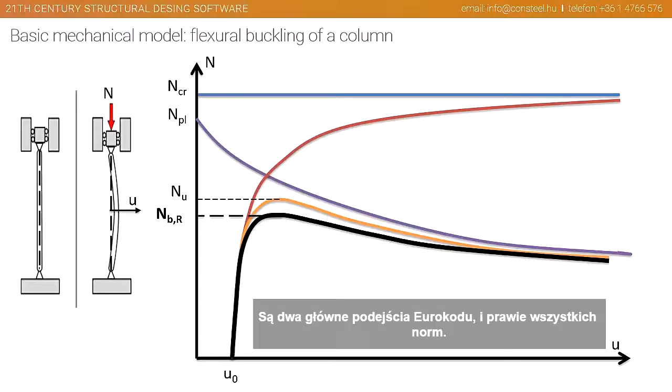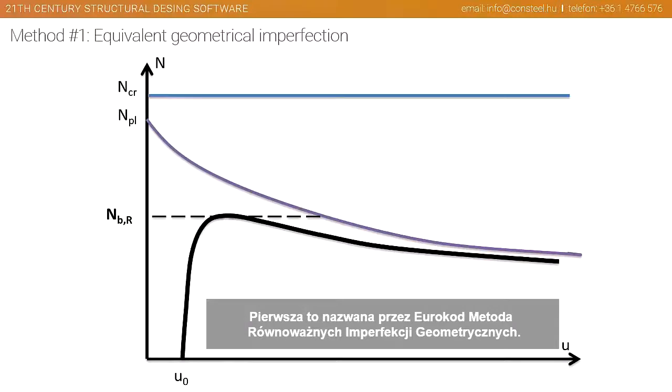And the two main approaches of the Eurocode and almost all structural standards are based on a direct evaluation of geometric imperfection, an imperfect model, or based on some kind of reduction factors or buckling curves. So the first one is called in the Eurocode equivalent geometrical imperfection.